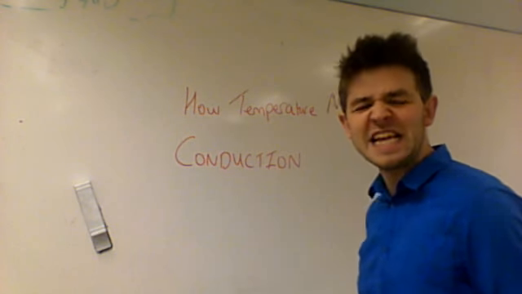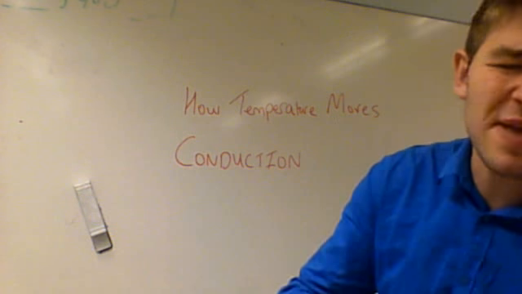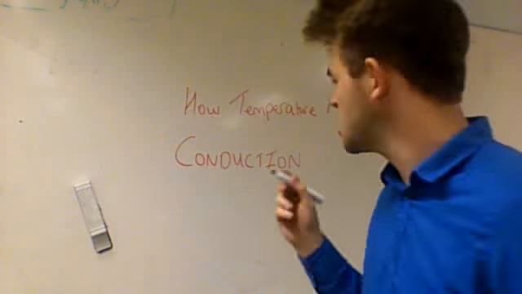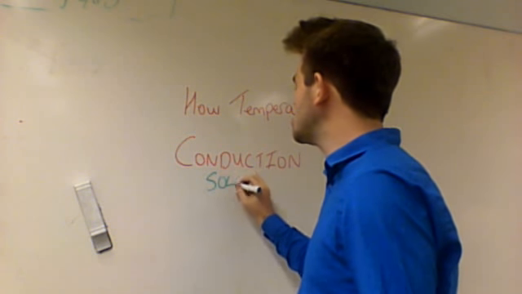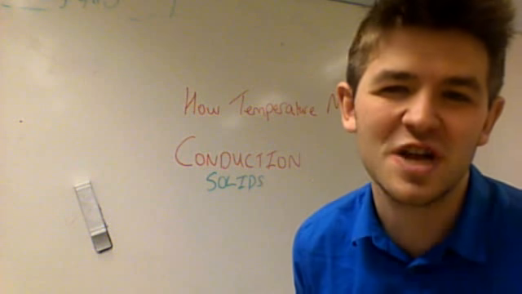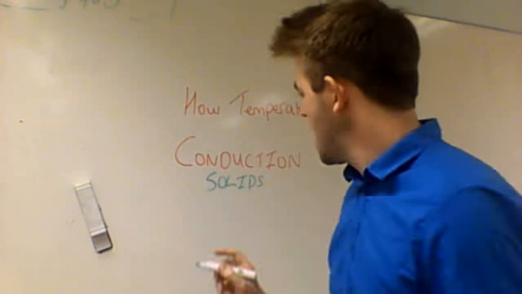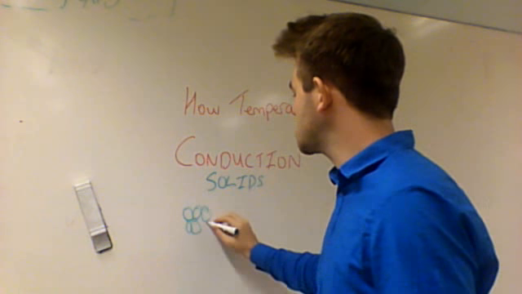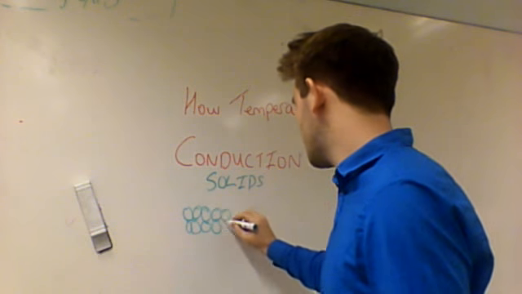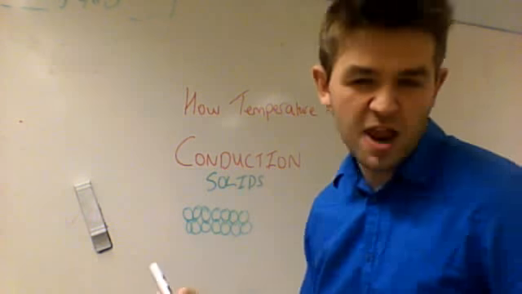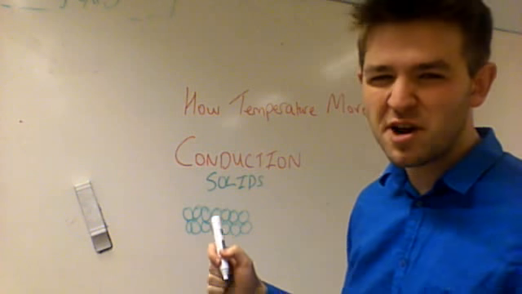Conduction is in solids, a little bit in liquids, very, very tiny bit in gases, but it's mainly just solids. And it's really simple. Let's say I have a nice solid. Here's all my particles in my solid. And it is a bit of vibration. Tiny bit of vibration. It's quite cold.